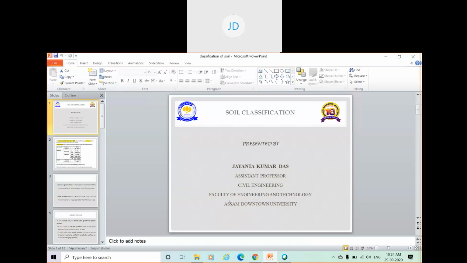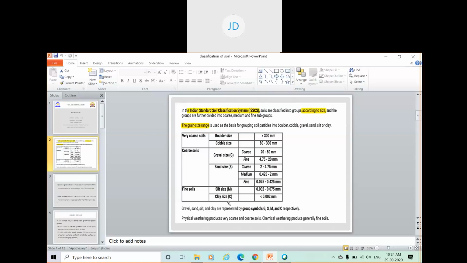So we're going to discuss today about index properties of soil. But before that, we need to find out why these index properties of soil are so important. This is just an overview of soil classification.